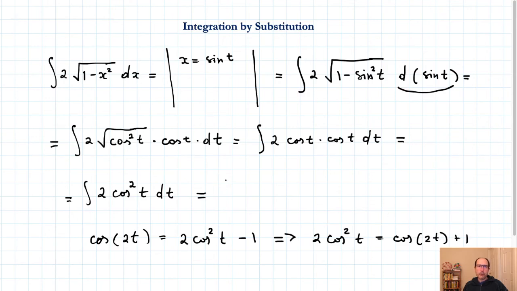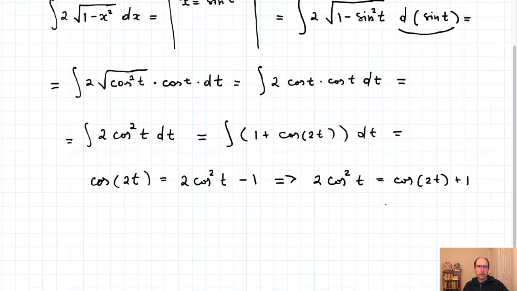And therefore, we can rewrite our integral as the integral of 1 plus cosine of 2t, all of that times dt. The rest is fairly simple.